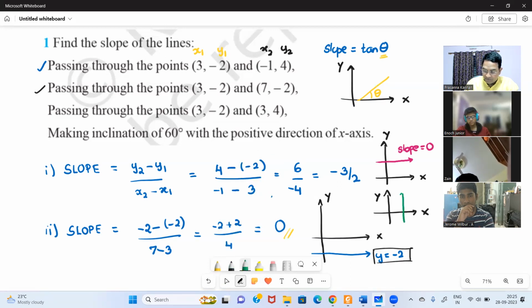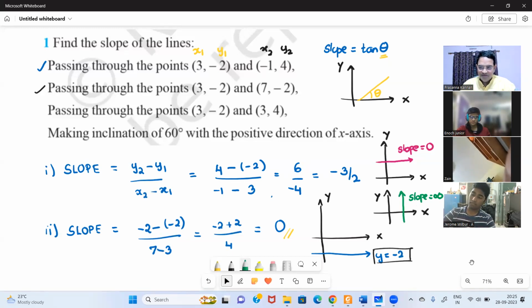If I have a line which is perpendicular to x-axis, then slope for this line is what? Not defined. Because it makes an angle 90 with x-axis, tan 90 is not defined. Is it crystal clear?